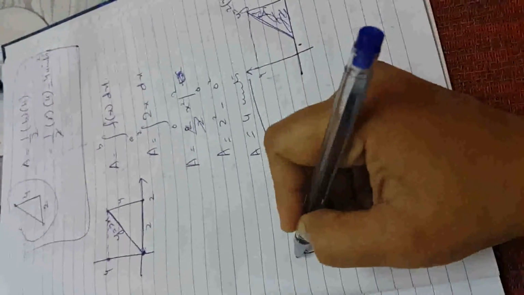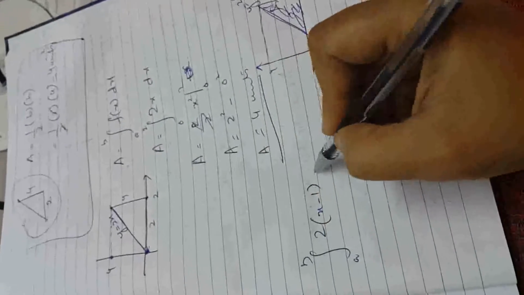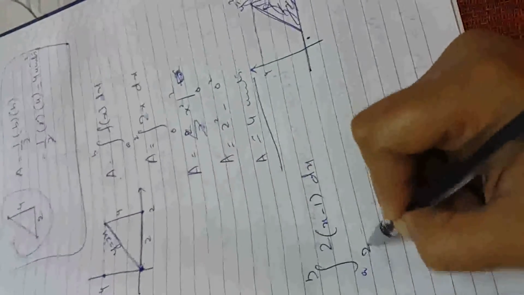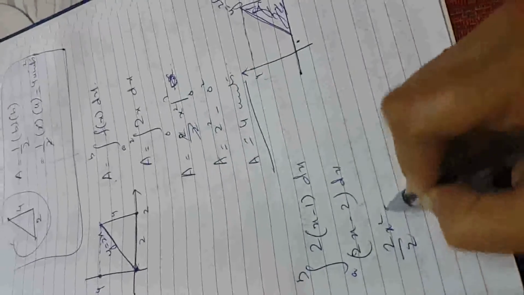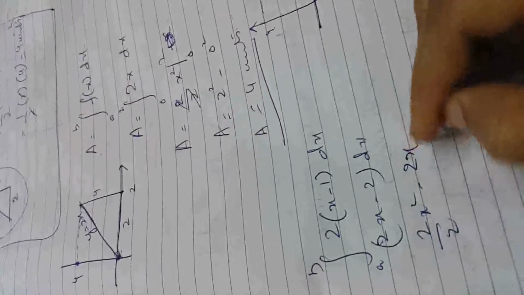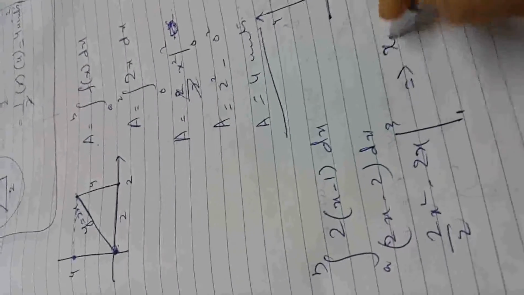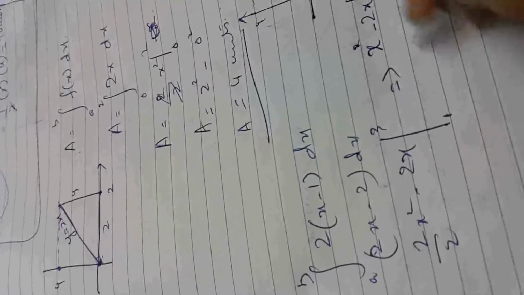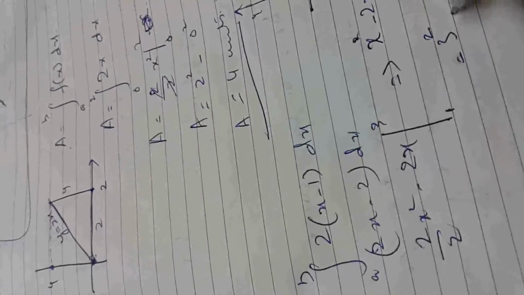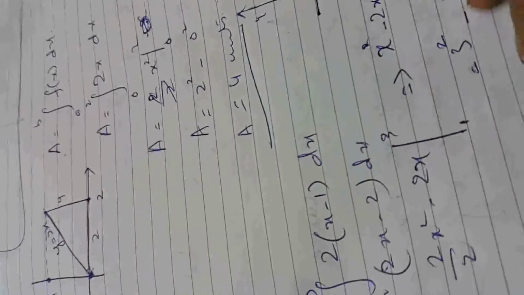As per the formula, the limits are 1 and 3, x squared minus 2x from 1 to 3. So 3 squared minus 2 into 3 minus 1 minus 2, that is 9 minus 6 minus 1 plus 2.